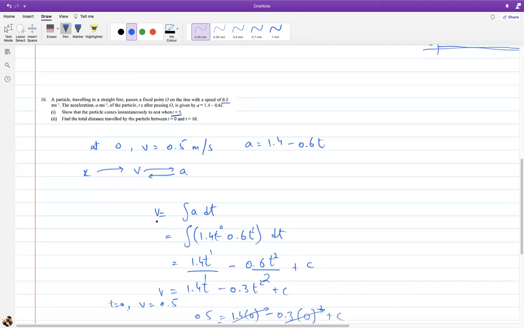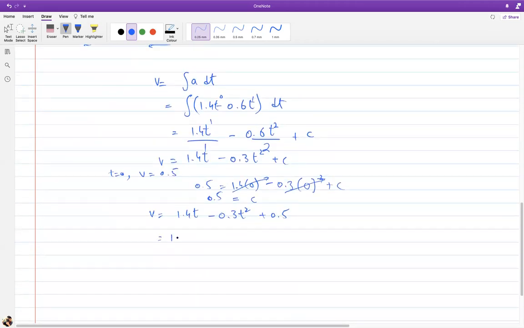Now at t equal to 5, what does that become? Let's see. So at t equal to 5, we plug in here. 5 squared plus 0.5. All right, so does anybody have a calculator?